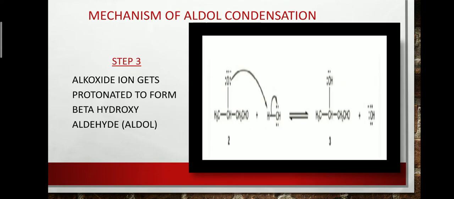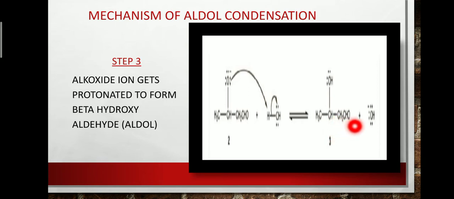The next step, step 3. In step 2, we have formed an alkoxide ion. That alkoxide ion gets protonated from the base, and it forms a beta hydroxyaldehyde.